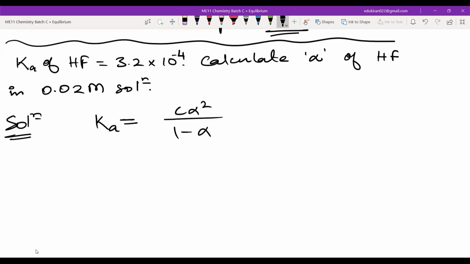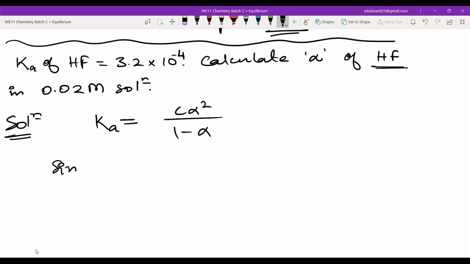Yes or no? Yes, sir. And now, as you can see, the alpha is going to be very small, because the dissociation constant is also very small. Ka is 10 to the power of minus 4. Since the Ka is small, I can say that HF is a weak acid.